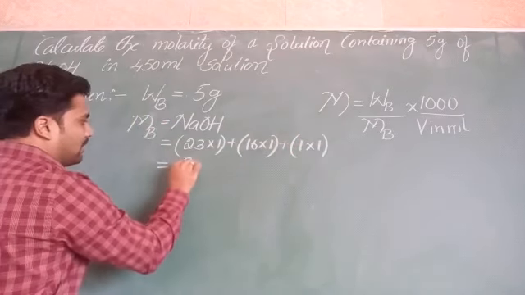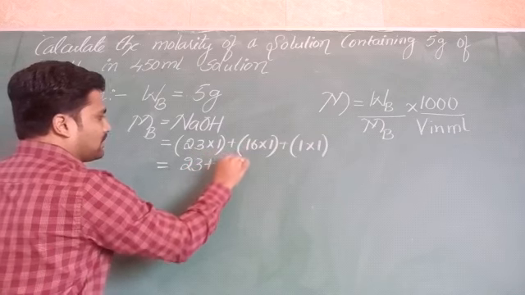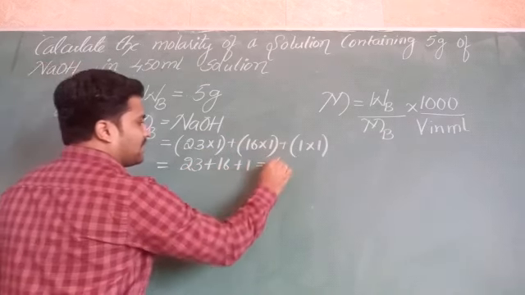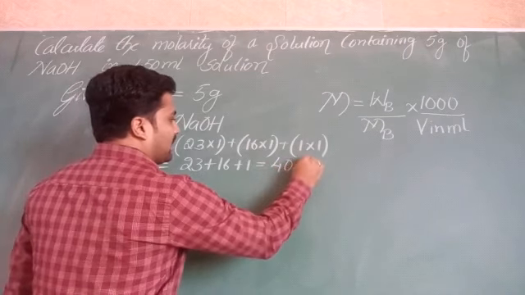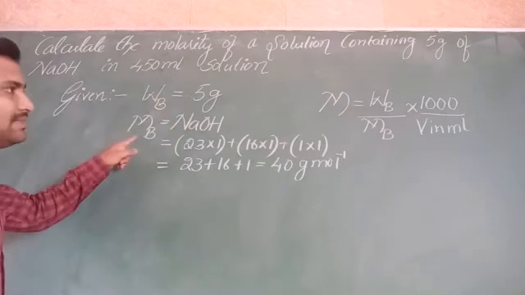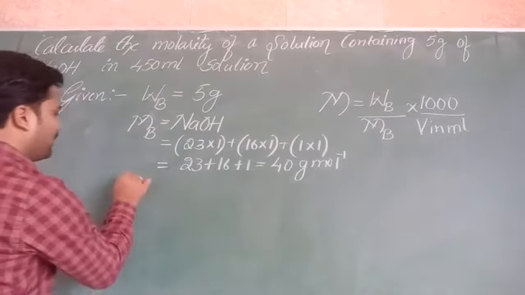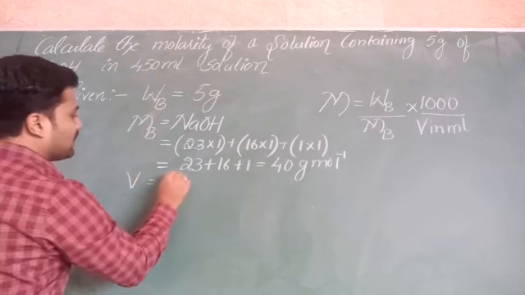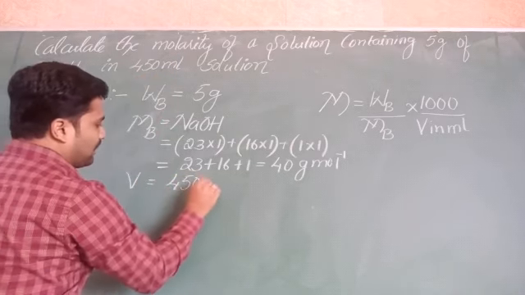So total 23 plus 16 plus 1, it means 24 plus 16, it comes out as 40 gram per mole. So this is MB. Now we need V. They have given volume in terms of ml, that is 450 ml.